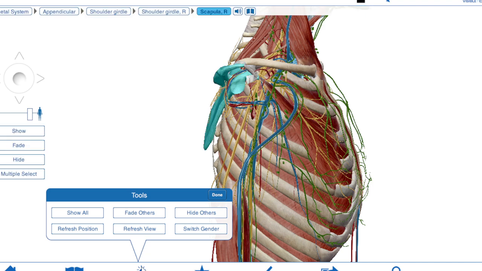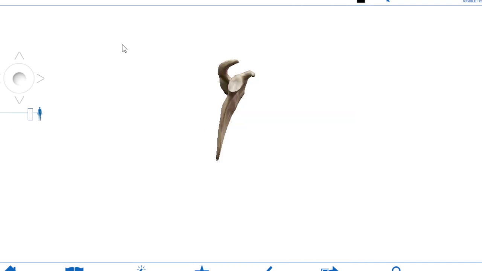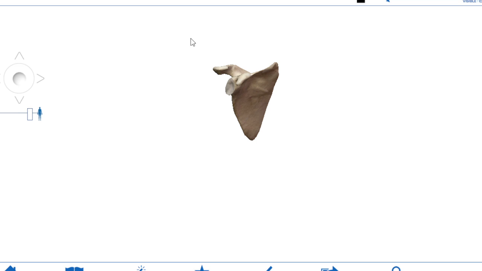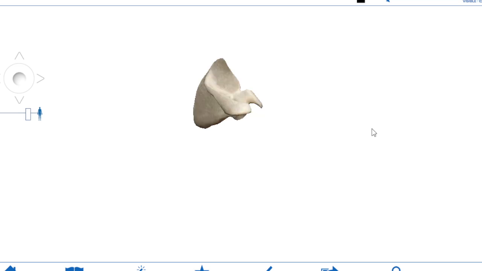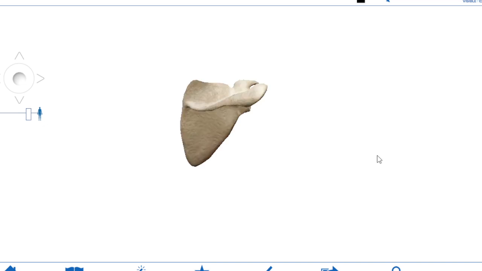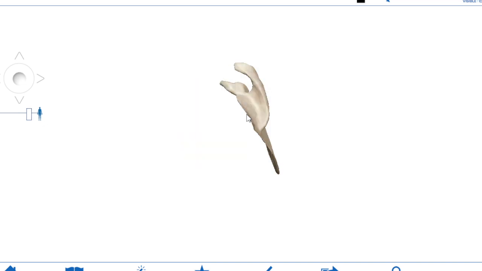I am hiding all other things to show you the scapula. Just see from all sides. Now you understand about the scapula bone. We will tell in the slide what is present, what the ridges are, and what muscles are attached to it. But your imagination power will increase, so you can easily know from all aspects. Okay, now it's done.